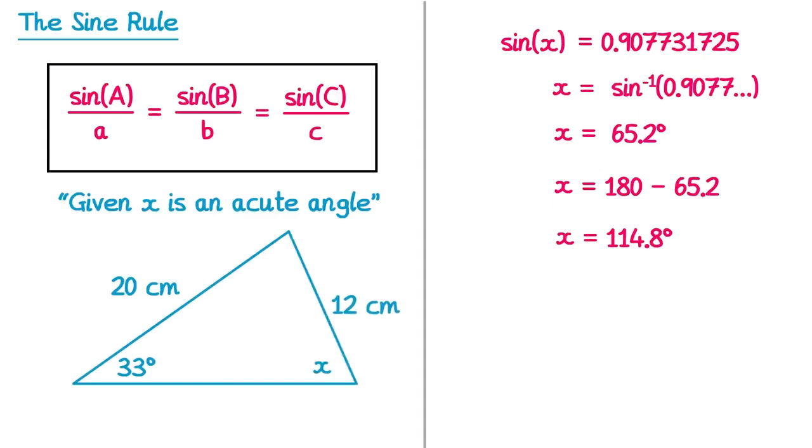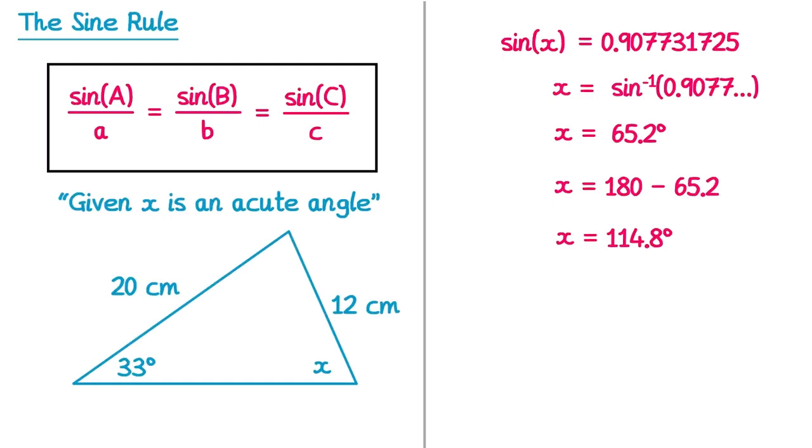The sides are still the same length, the 33 degrees is the same, the only thing that changed is that angle x. So if this were the case, the diagram should actually really look like this, in which case the original answer would have been 65.2 degrees.